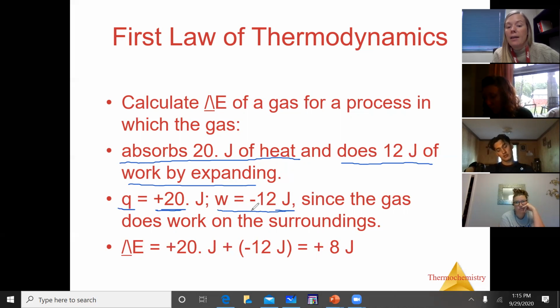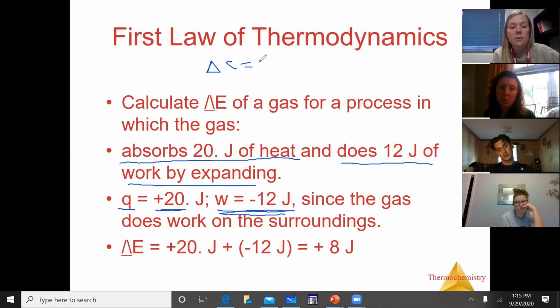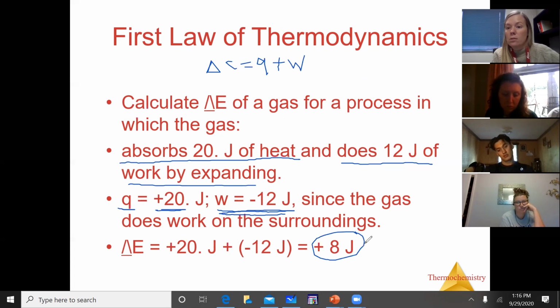So the work will be a negative 12 joules, since the gas is doing work on the surroundings by expanding. So our simple equation, delta E equals Q plus W. Q is positive, so we're going with a positive 20 joules. Work is negative, so we're adding a negative 12. Our overall change in energy will be a positive 8 joules.